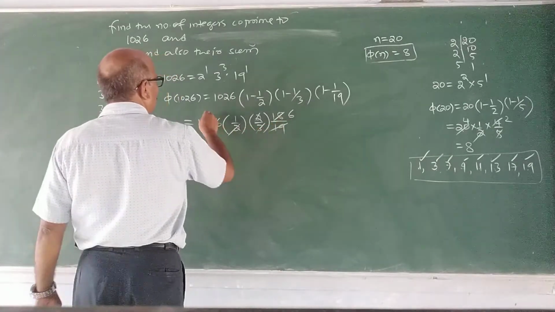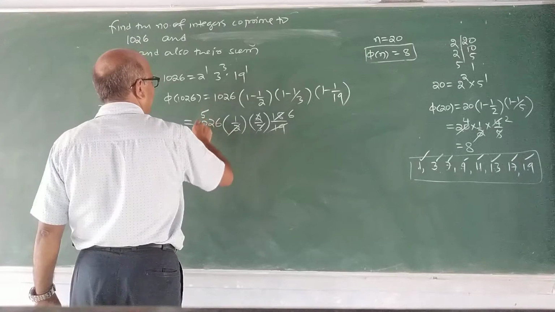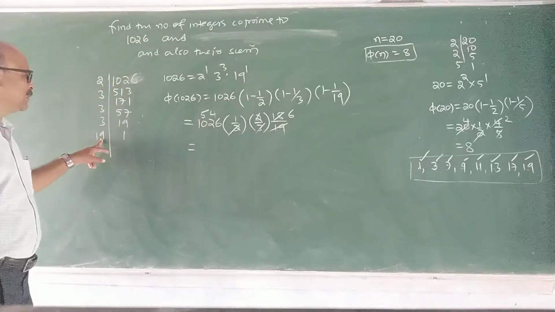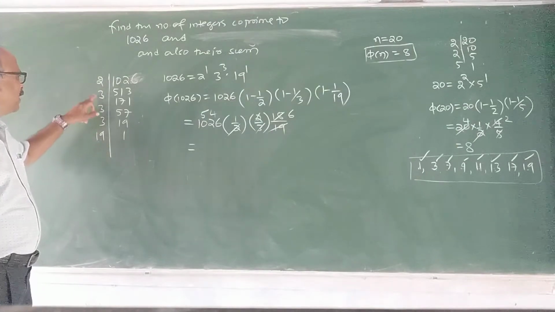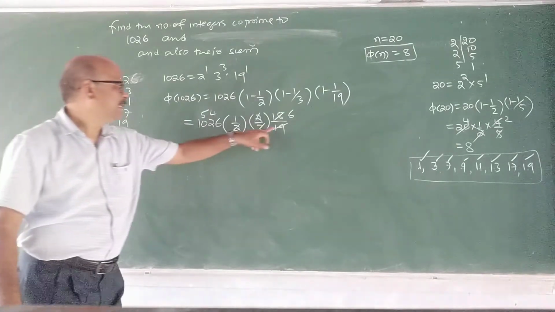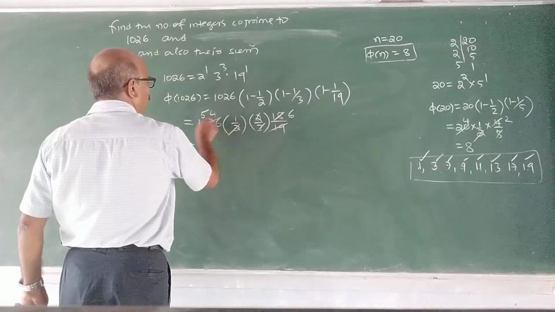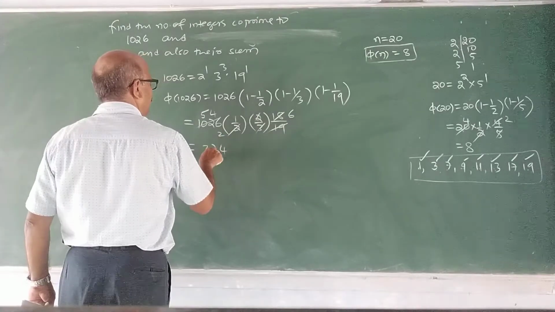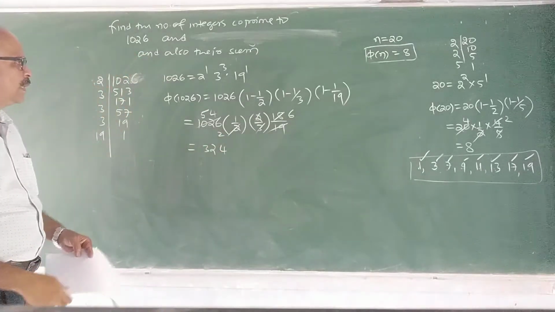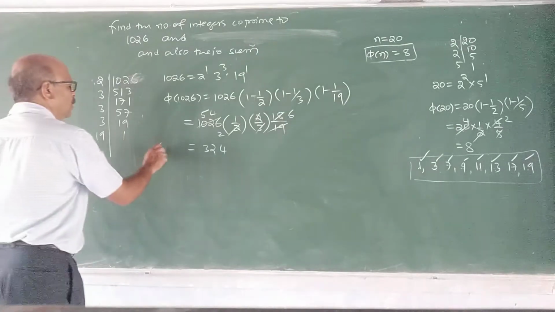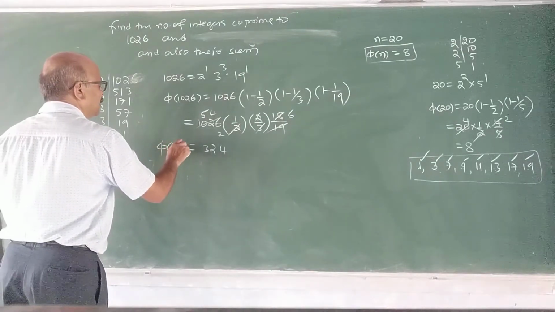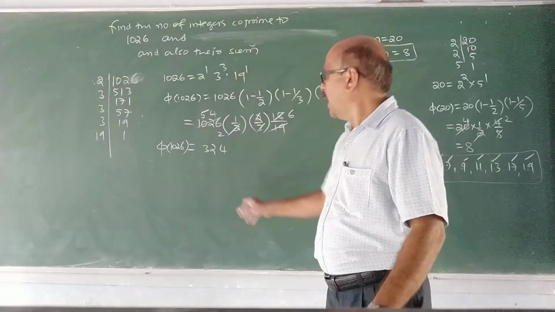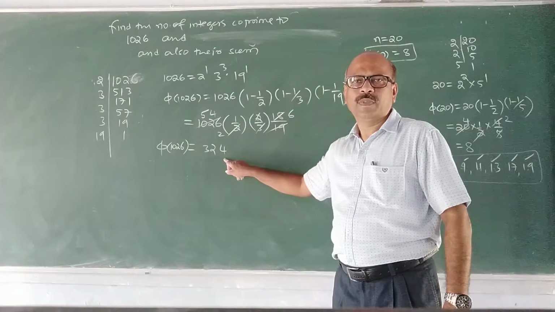Is it 54? Yes, because here factors are there. So 19, 3 3 the 27 into 2, 54. 19 into 54. And now 54 into 6, 324. So the positive integers less than 1026 and co-prime to 1026 are 324.